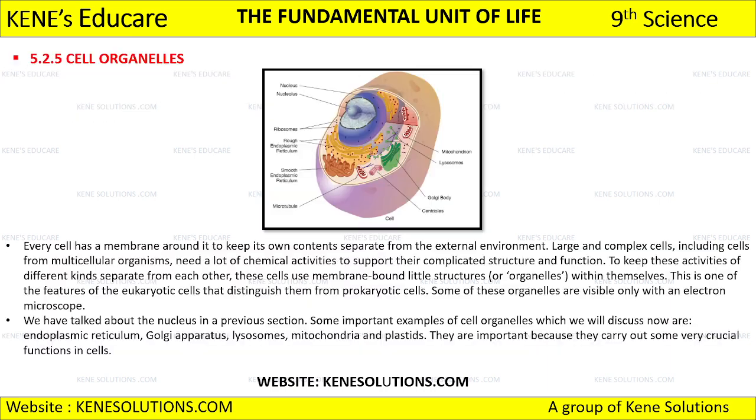Then we discussed more about the cell organelles, where the first organelle that we discussed was the endoplasmic reticulum, where we studied that there are two different types of endoplasmic reticulum, right? One is smooth endoplasmic reticulum and the other one is rough endoplasmic reticulum.